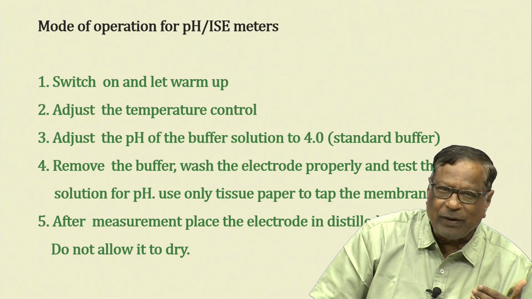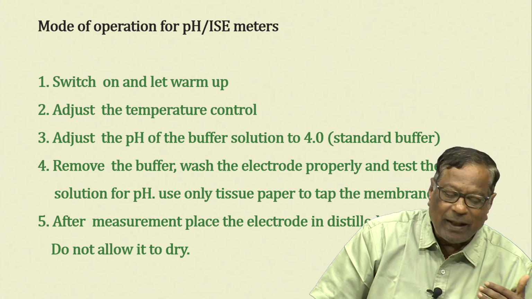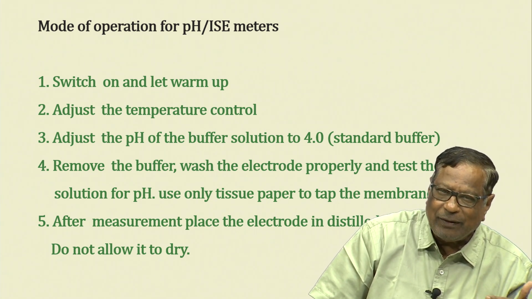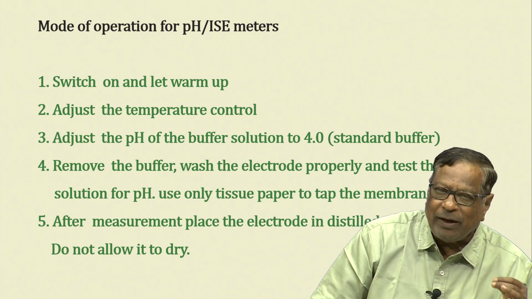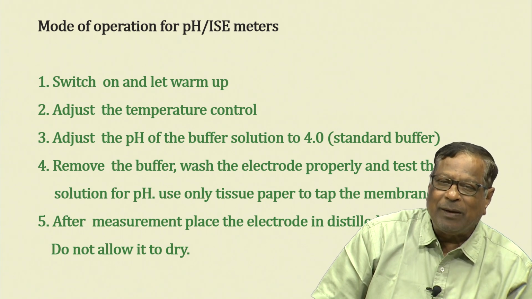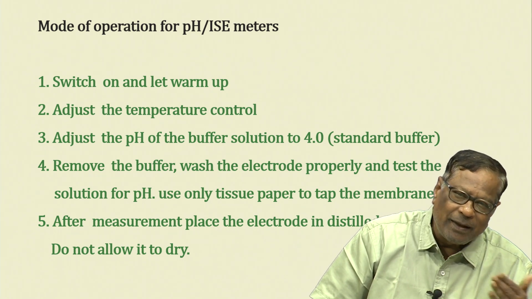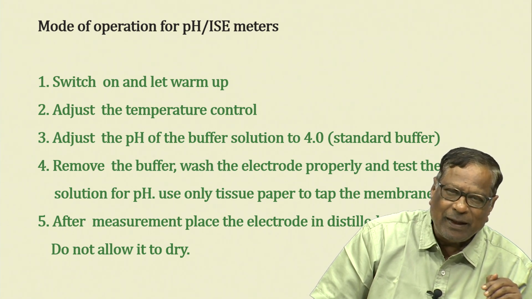If you are part of the teaching faculty or part of the laboratory, make sure that if your laboratory has a pH meter or ion selective electrode, you keep it properly, so that every time you are ready to use, it is available. If the pH electrode is dry, then the ion exchange capacity will go down and you may never get the correct pH.